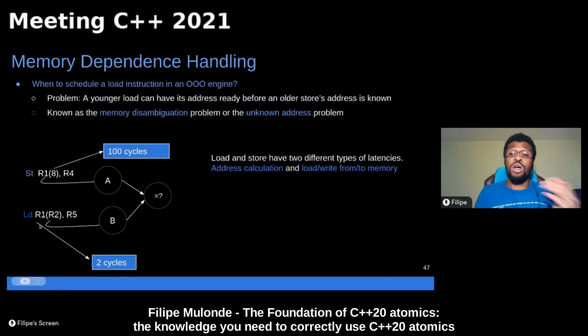The computation of the address of the load takes only 2 cycles to complete, while the computation of the address of the store takes 100 cycles. This is the problem. A younger load can have its address ready before an older store address is known. So this is the memory disambiguation problem.